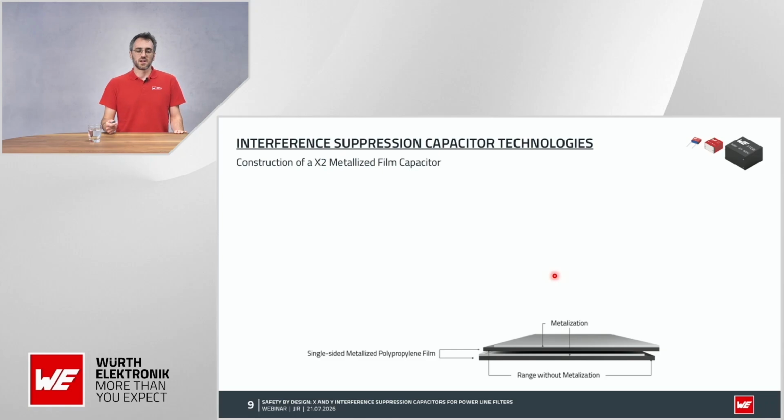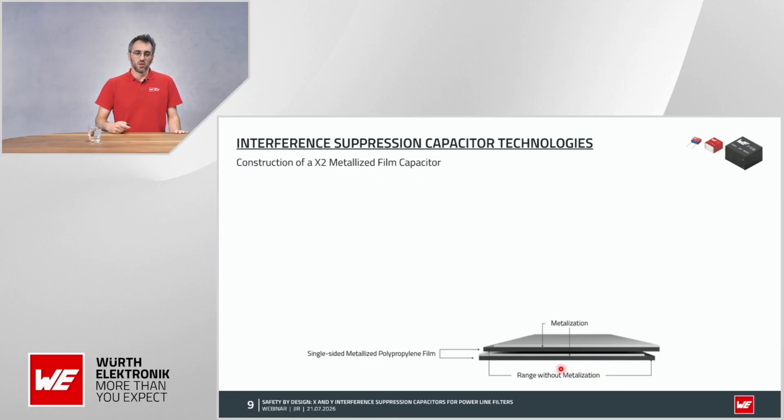These capacitors are basically made starting with a foil, which is a thin polypropylene film, where we apply a very thin metallization, and this metallization provides a conductive electrode. You can imagine this is already looking like a plate capacitor from the basics.